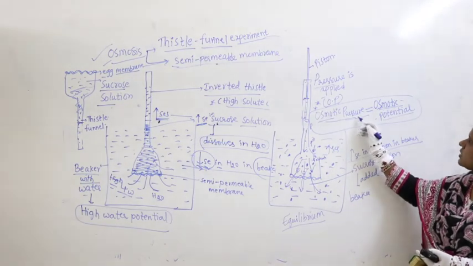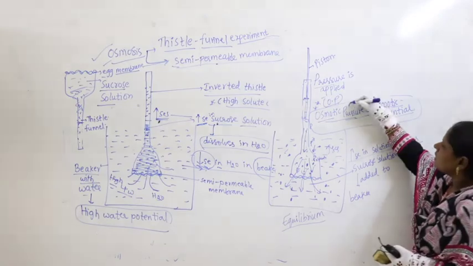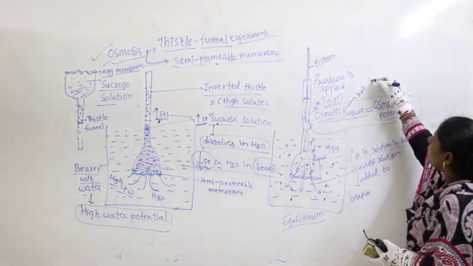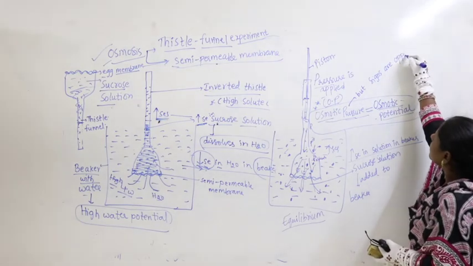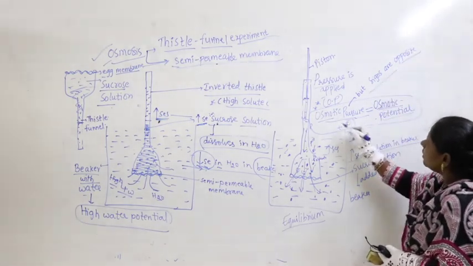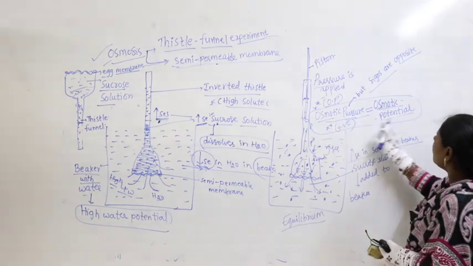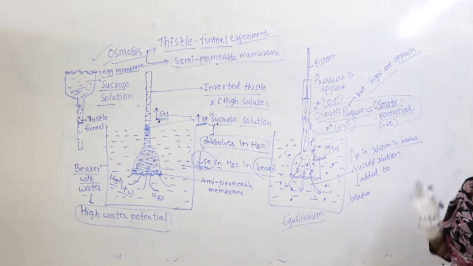So osmotic pressure is equal to osmotic potential. But here the signs are opposite. How are they opposite? Osmotic pressure is positive. Remember, very important. Osmotic potential is negative. Very important.